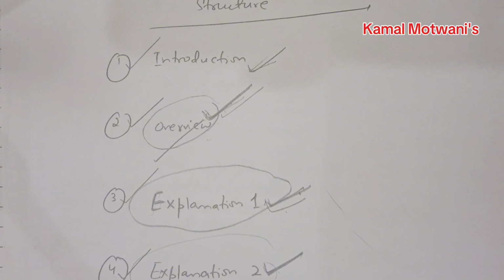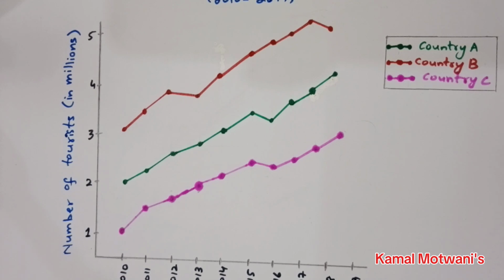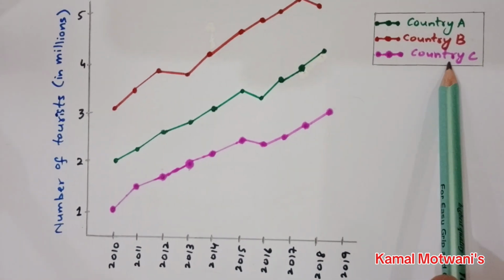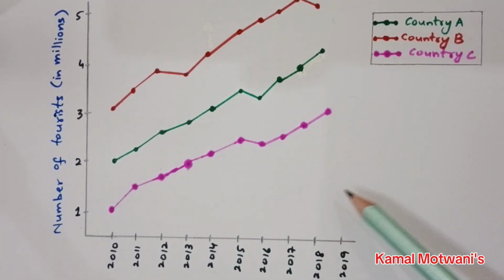I have written the overview of this line graph by selecting the main overall features, such as which country witnessed the highest number of tourists and which the lowest. This is the simplest way to write an authentic overview in the second paragraph.